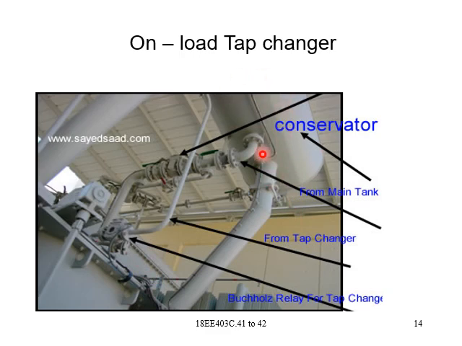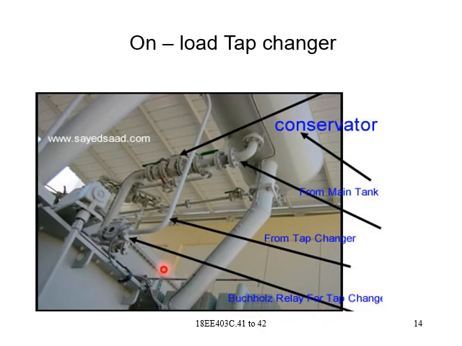This is a conservator tank, and this connection is from the main tank, and this one is from the tap changer, and this one is the Buchholz relay for the tap changer.